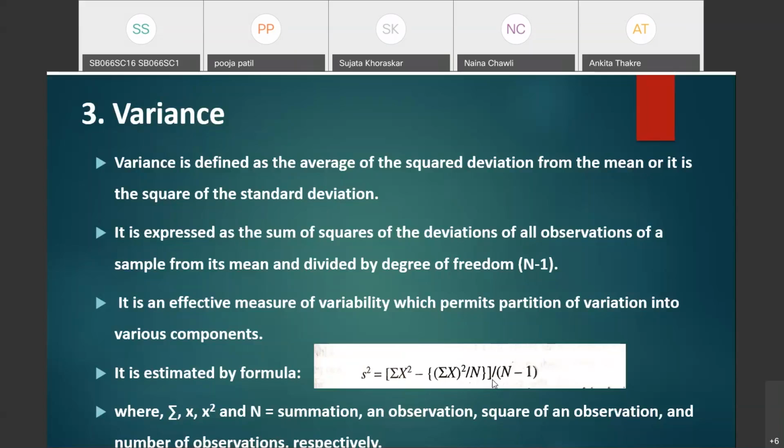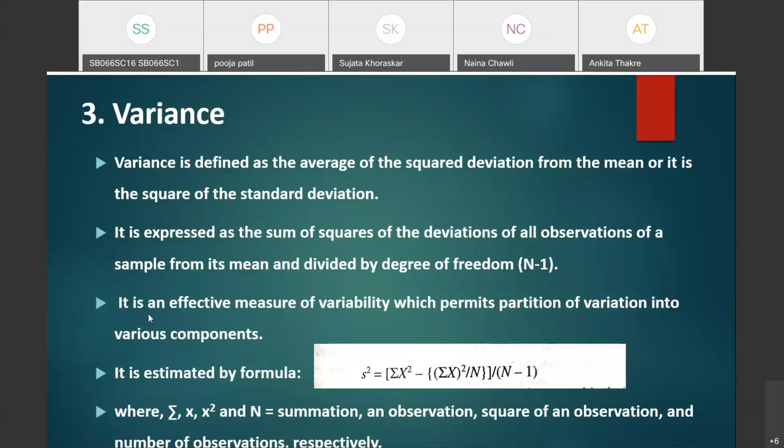All of this is divided by the degrees of freedom, n minus 1. Here is the sign of summation, x means the observation, x squared is the square of the observation, and n denotes the number of observations.